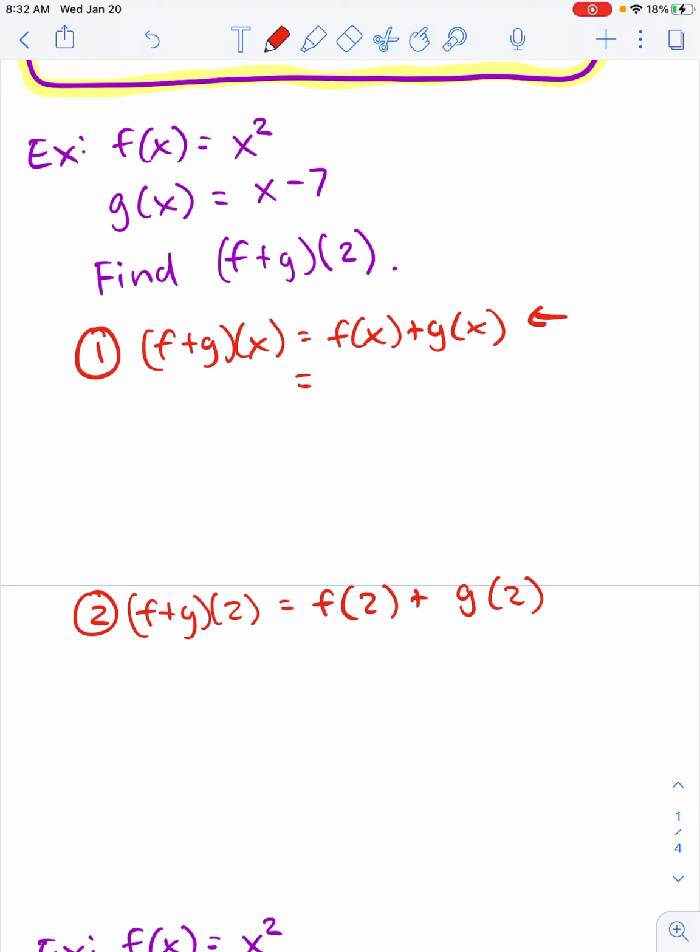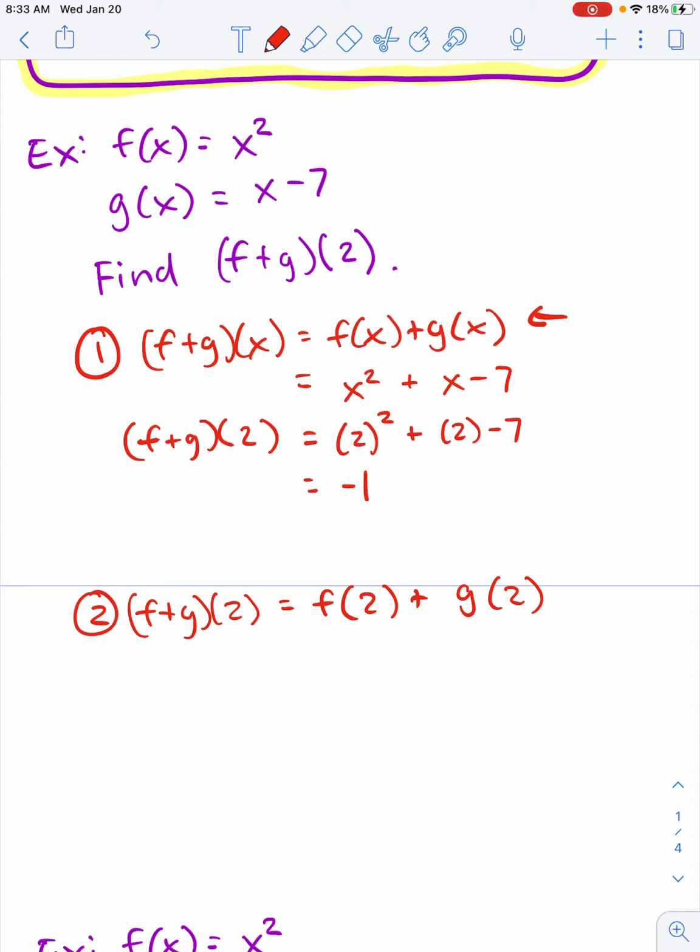In this case, f of x equals x squared, g of x equals x minus 7. So then if I want f plus g of 2, I'm basically just going to plug 2 into this new function. And so I will get -1 when I solve that out.